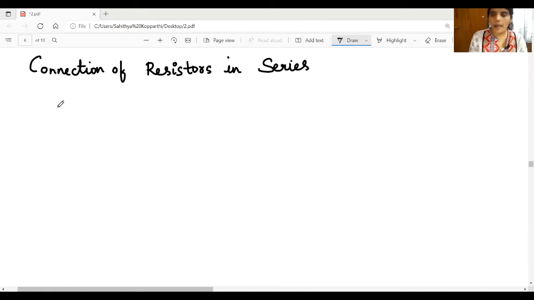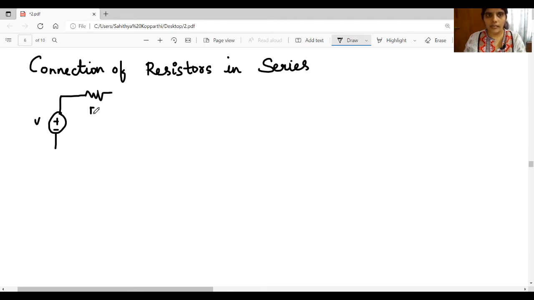So suppose consider this small circuit, taking resistors R1, R2, and a voltage source V. Here the source and R1 have one node in common.